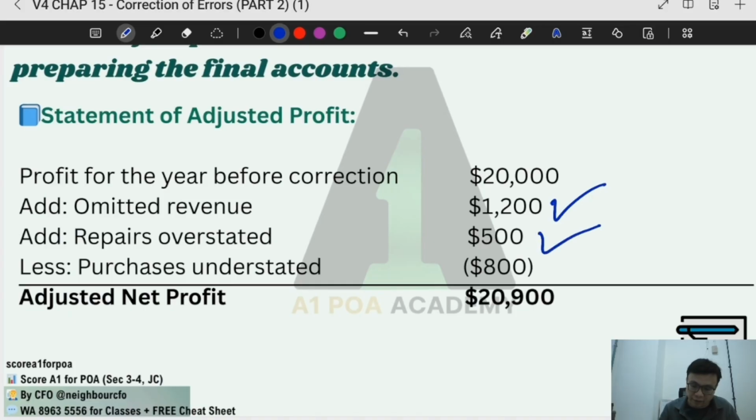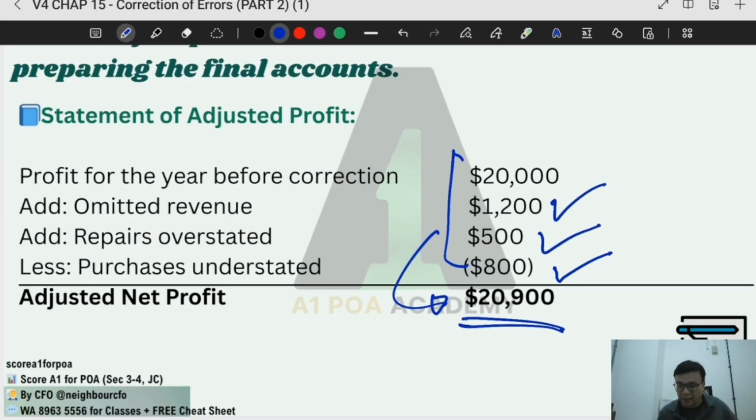So you add back this $500, and for the purchases, we say in the example that purchases is understated by $800, and if it is understated by $800, you have to make sure that you account for these purchases, and therefore $800 to be less off as part of cost of sales, and this is where you'll be able to derive this answer, which is 20,900.